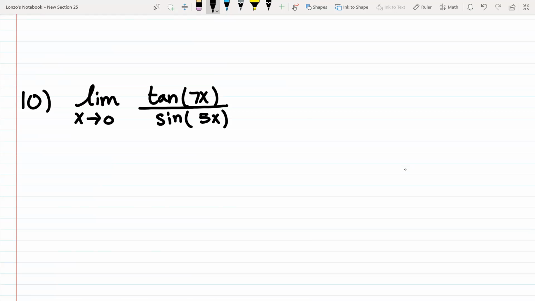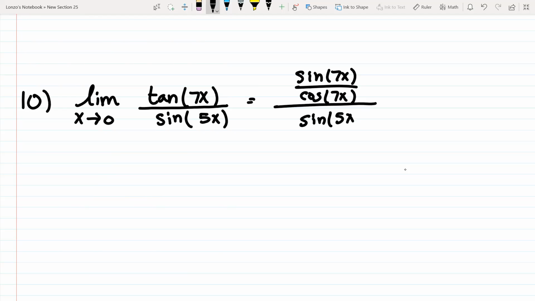The limit of tan of 7x over sine of 5x. So what I'm going to do is simplify the numerator. Tan of 7x is equal to sine of 7x over cosine of 7x, all over sine of 5x. So we have a complex fraction.